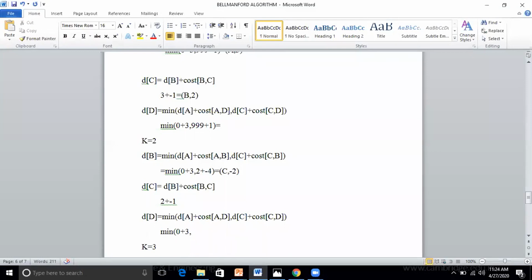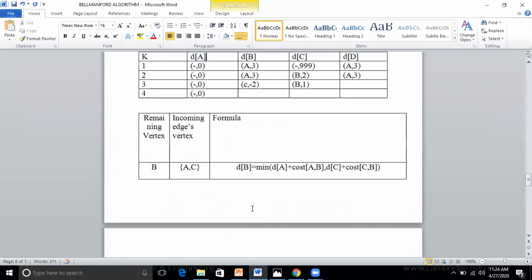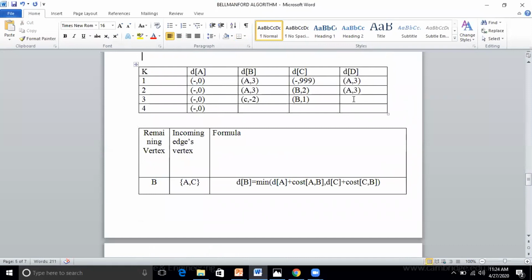Previous value 2, 2 plus 1. So what is the value here? 3 itself. So both are 3. Either you can take via A or via C, any one. I'll just take via A itself. Or if you want, you can take via C. No problem.